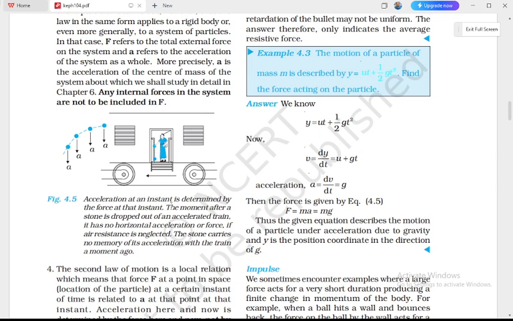Acceleration at an instant is determined by the force at that instant. The moment after a stone is dropped out of an accelerated train, it has no horizontal acceleration or force. If the air resistance is neglected, the stone carries no memory of its acceleration with the train a moment ago.